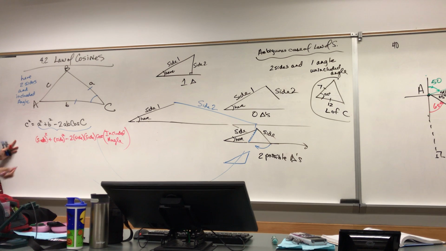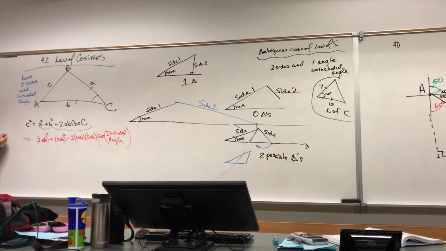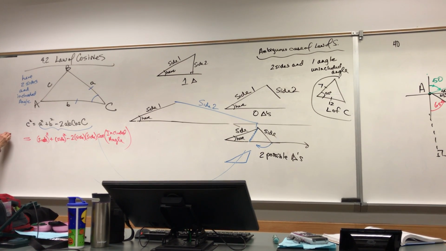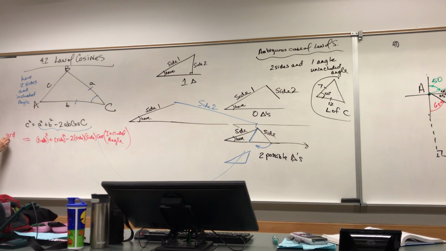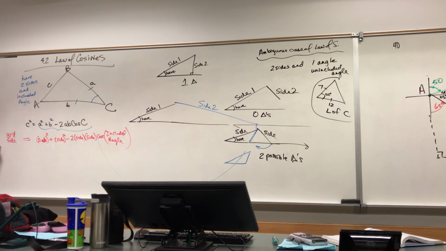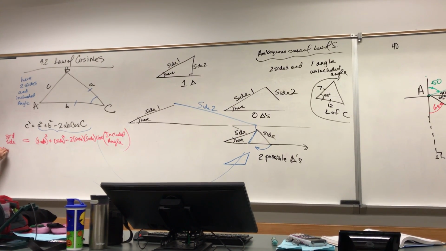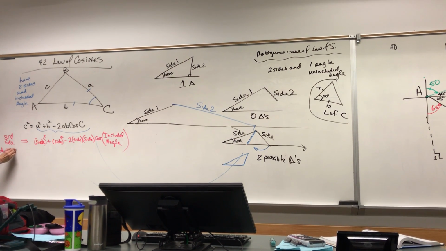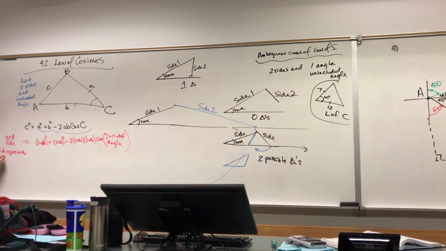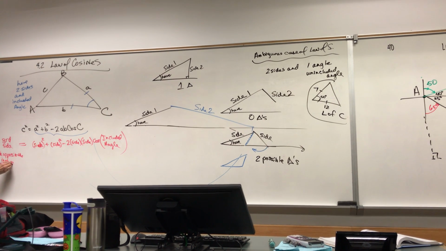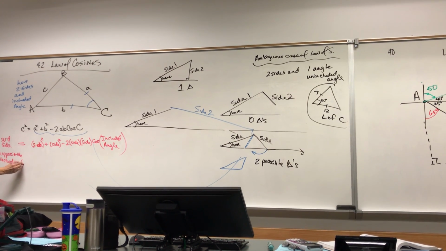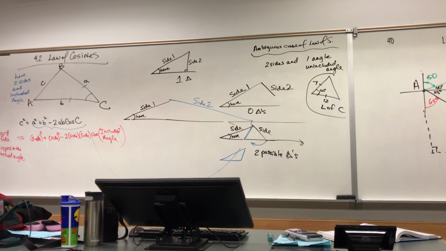And what does this all equal? The third side, you can say that, the third side. You can say it as the side opposite the included angle. However you want to verbalize it.